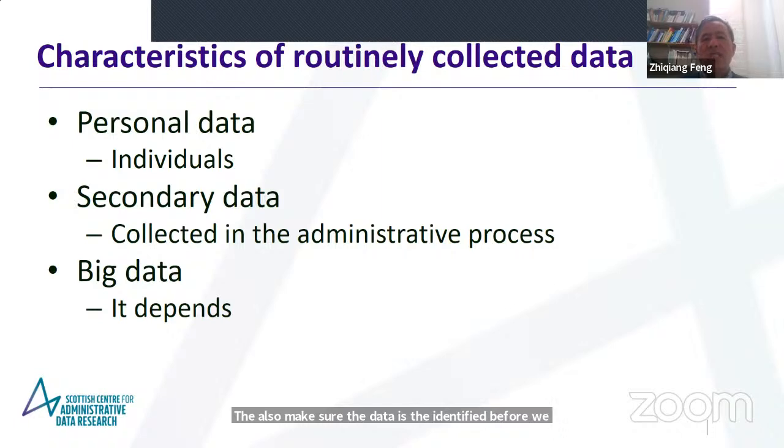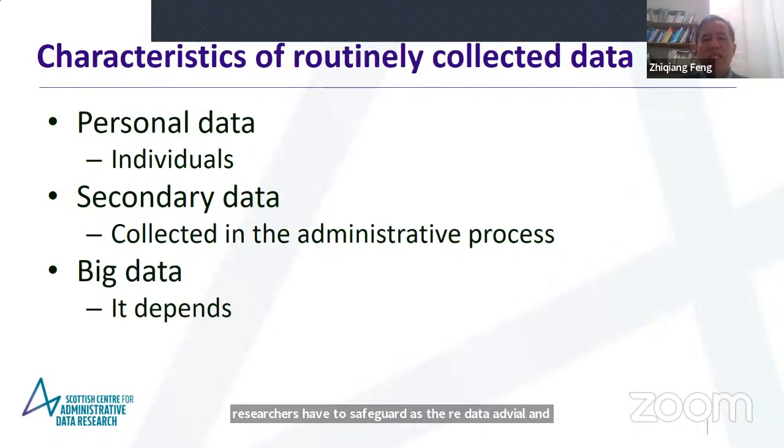And also the data is less likely to be agreed with the individual, so there is no consent for researchers to use the data. So one thing we have to realize is that we as researchers have to safeguard the data as well.